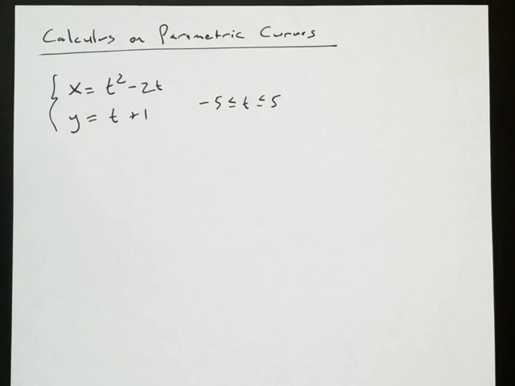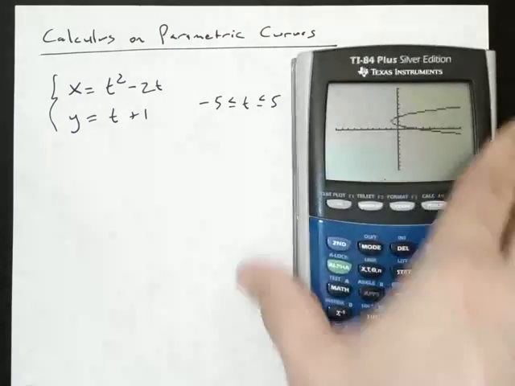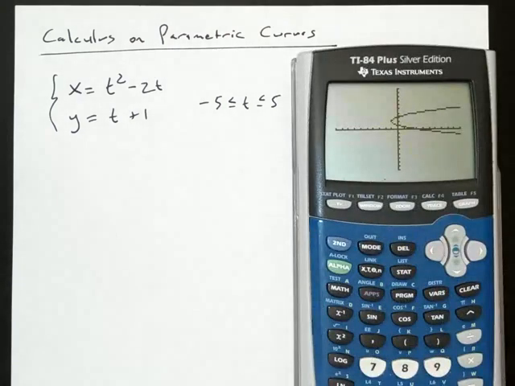What shape do you get from this? Leo? Sideways parabola. We've seen this one. We did this one on Wednesday.